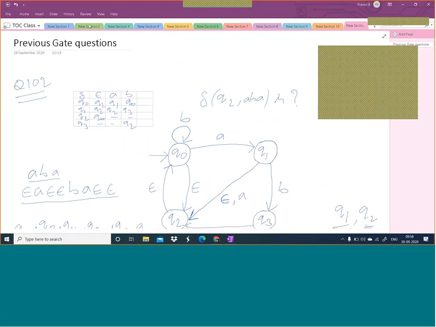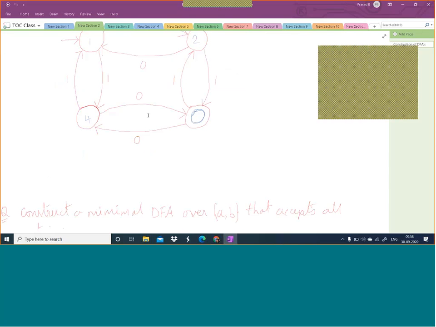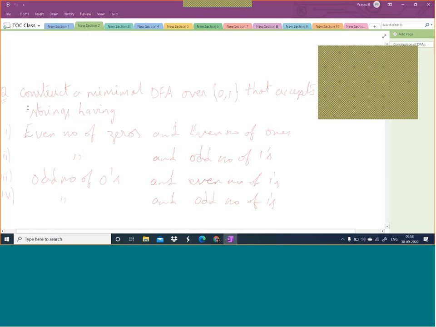OneNote document, okay. How to send this OneNote document? Look at this: having A as the second symbol from RHS and third symbol from LHS.